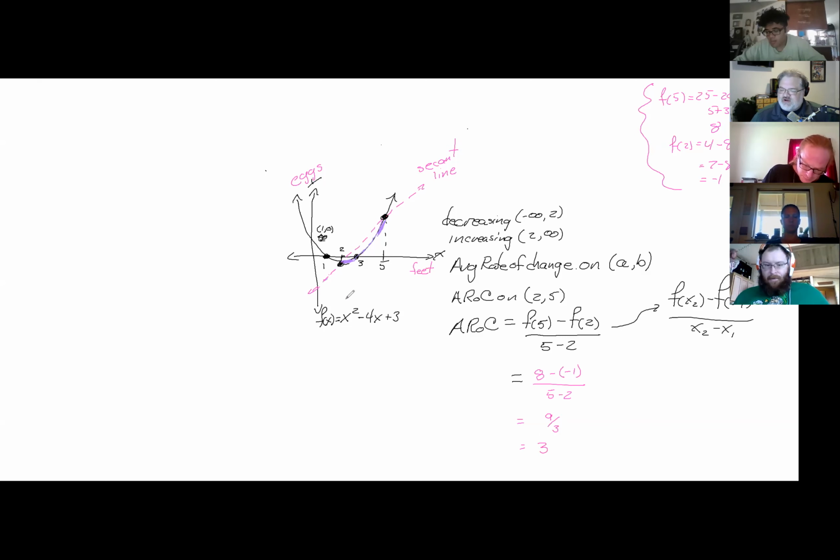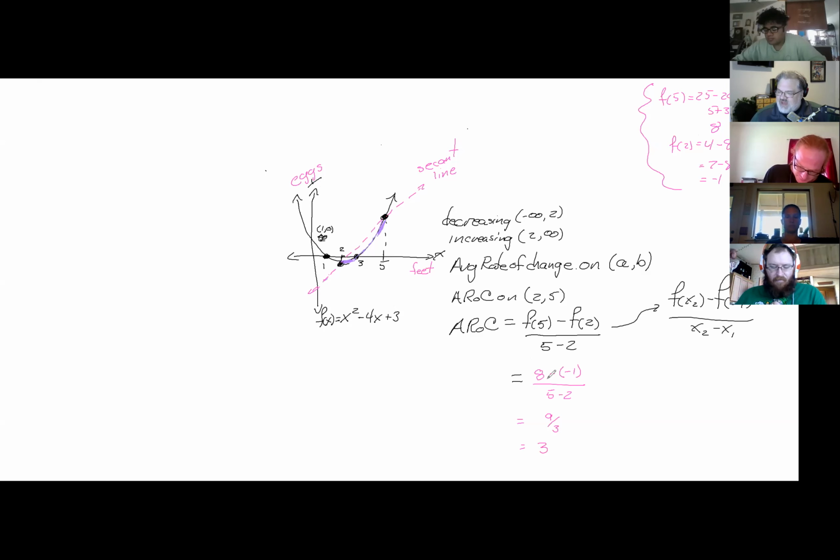This function is taking in a number of feet and outputting an amount of eggs. So at 5 feet, we got 8 eggs. Why are we getting eggs per feet? I have no idea, but it's not important. At 2 feet, we got -1 egg. So at 2 feet, we lost an egg. Okay, fine. What does that mean?